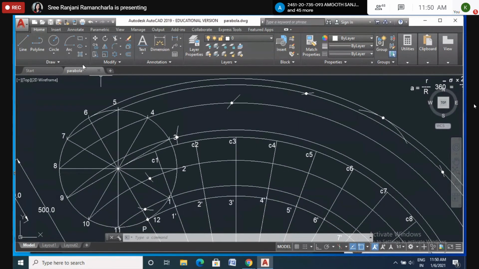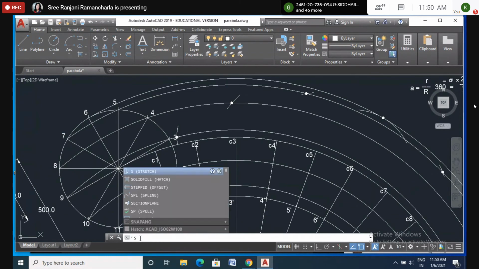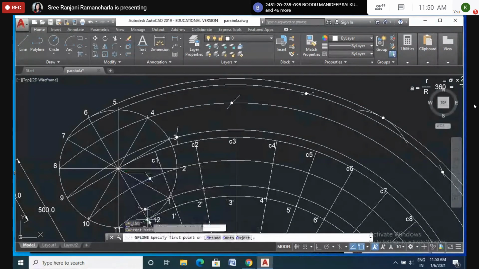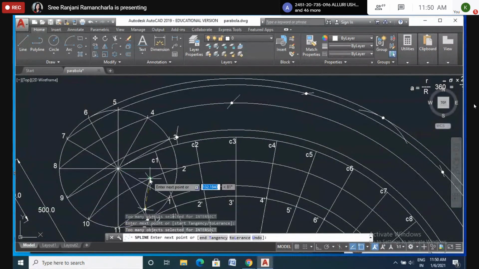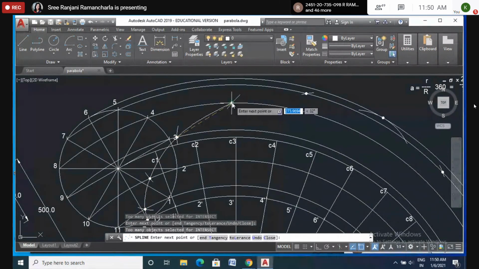Now draw the line with a single stroke joining all these points. Here I will take the SP line. SP line. I will start from here. Can you see?